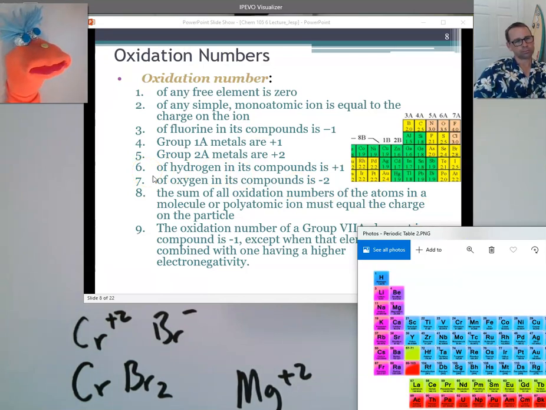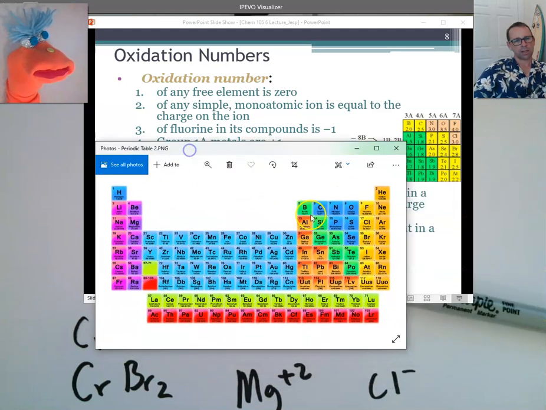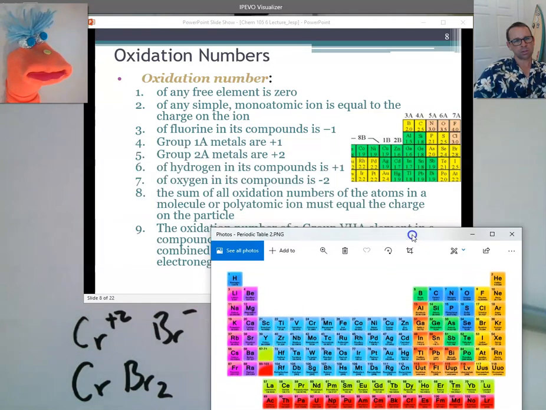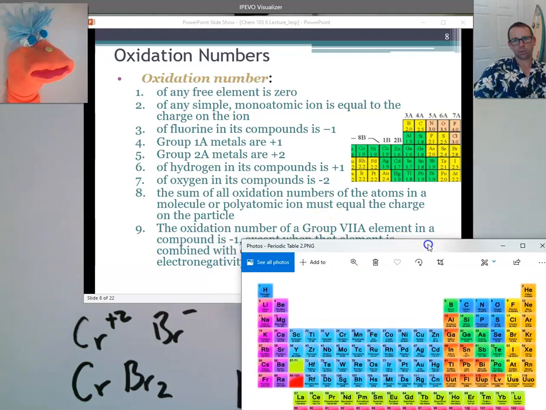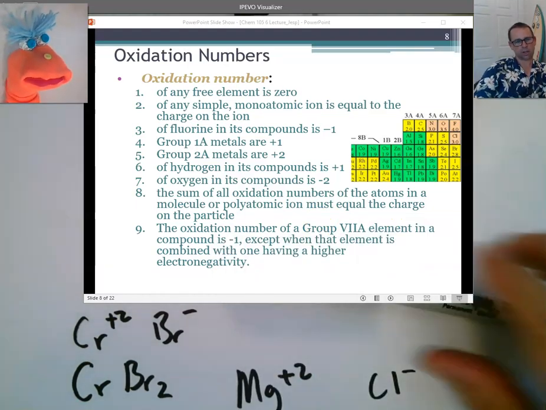Thank you. All right. So, rule 7, oxygen in its compounds is always a -2. And again, that's not a big surprise because it likes to gain 2 electrons. Rule 8, the sum of all the oxidation numbers in a compound, so all the elements' oxidation numbers in the compound, have to add up to whatever the charge is on that compound.